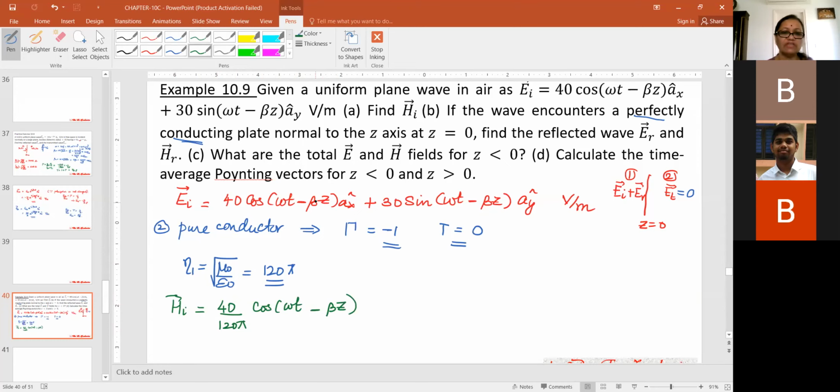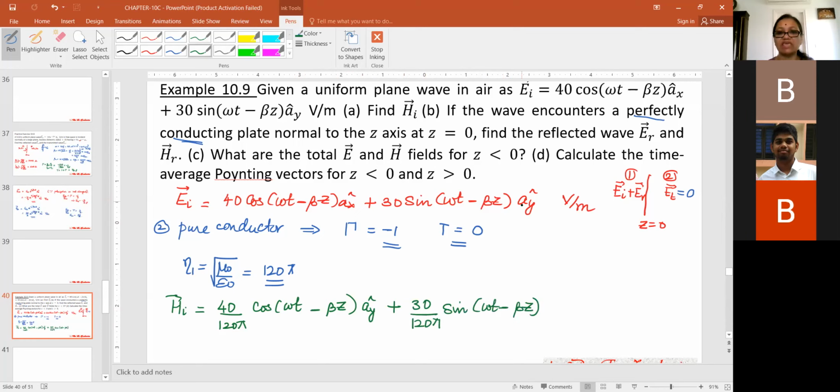And what will be the direction? Electric field is along x, k vector is along plus z, and the electric field is along plus x. Therefore, what will I get here? AY cap. Next, let's go to the next part. The next part similarly will be 30 divided by eta 1, then sine of omega t minus beta z.